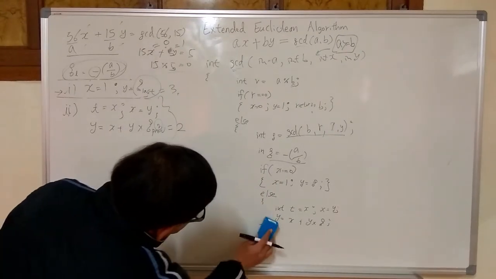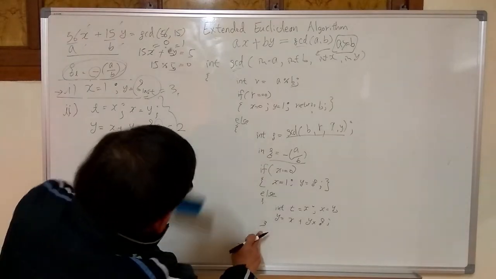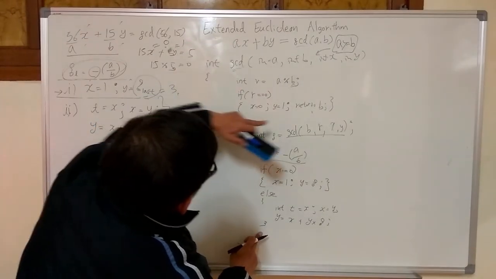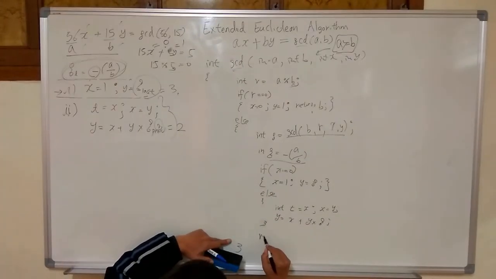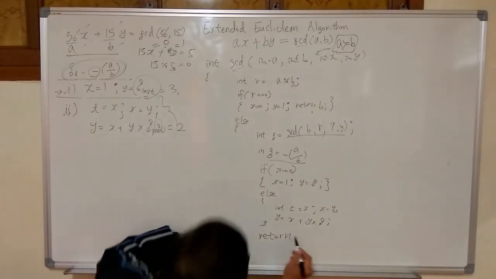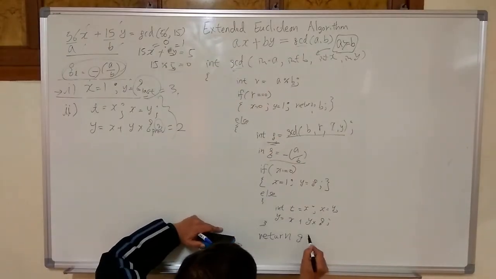Now before closing, the if statement returns, and the else statement should return here: return this g. This is the GCD g.